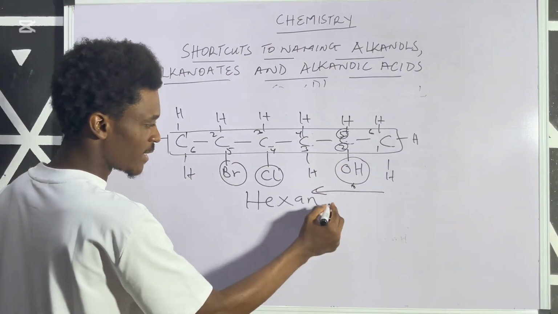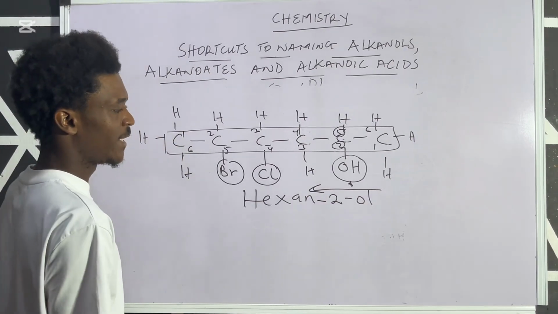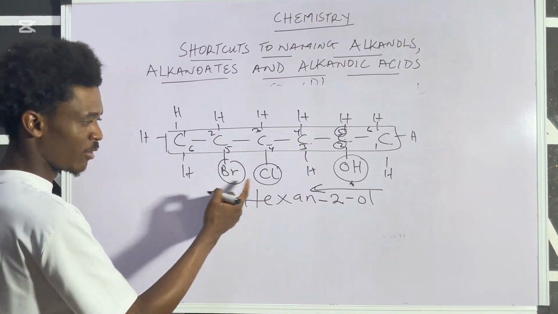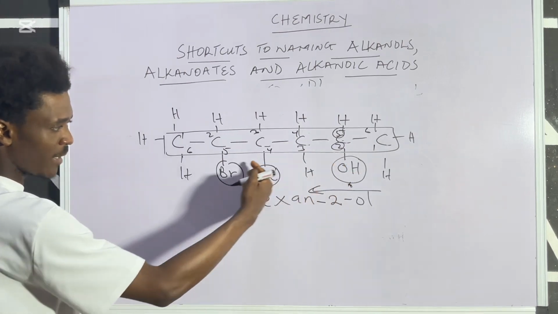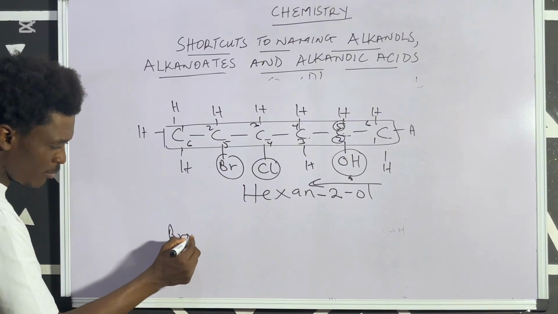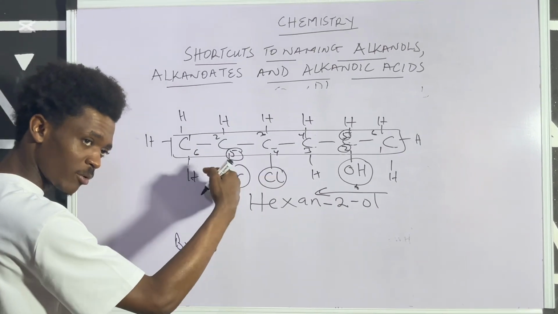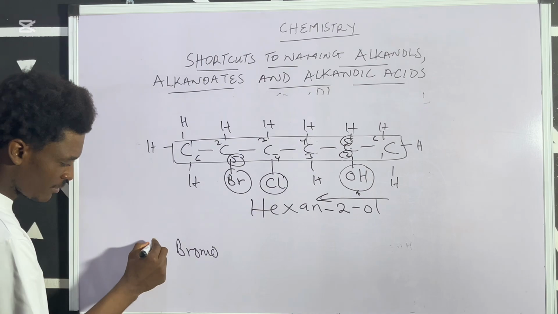Now this would be what? Hexane-2-ol, which is this 2, ol. Then do we have substituents? Yes, 2 of them. And since we are going with the backward, this Br, which is bromo, is seated on carbon 5, because we are going with the backward, remember. So that's carbon 5.